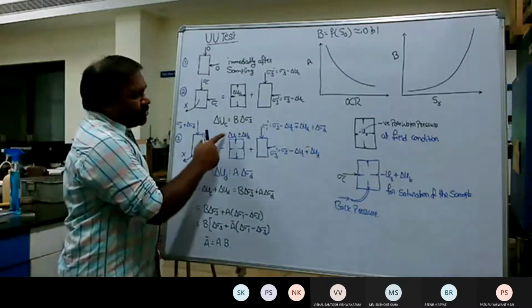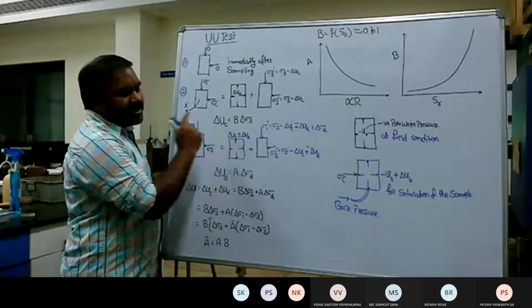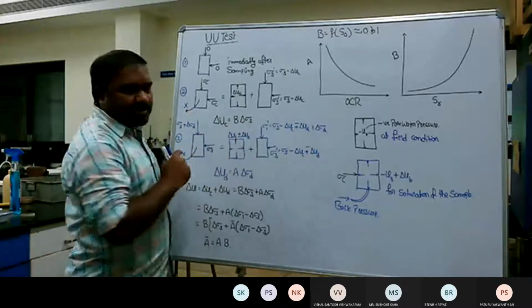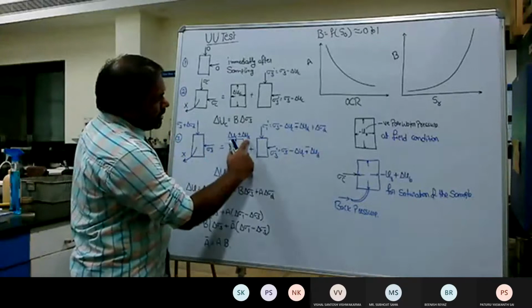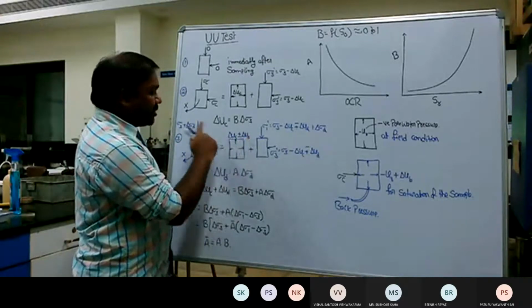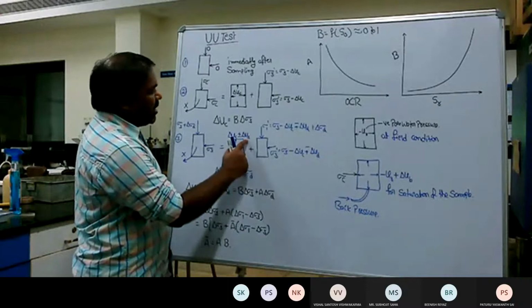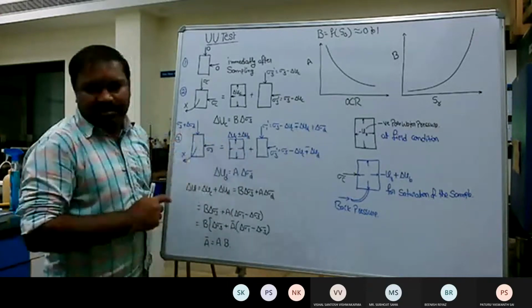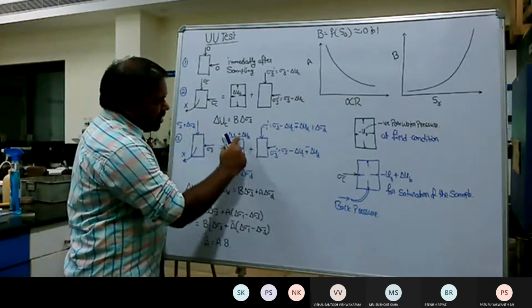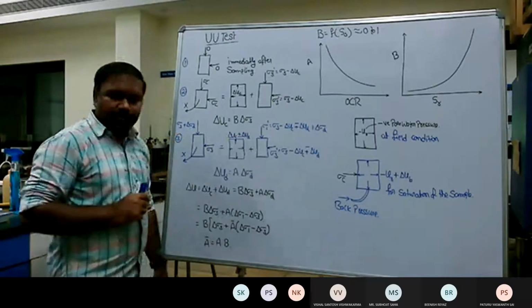So C designates the cell pressure, or the pore pressure as a result of application of the cell pressure. D designates the development of the pore water pressure as a result of the deviator stress. Therefore, the summation is delta UC plus or minus delta UD.